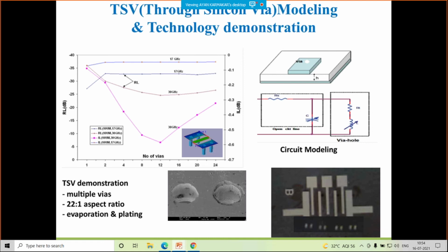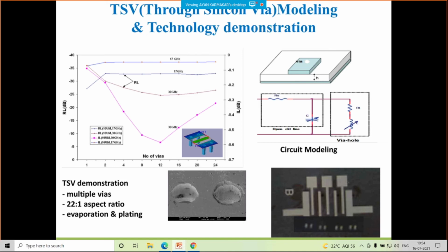That TSV technology also we have designed, modeled and fabricated. Thanks to our whole fabrication team for this, because it was really very challenging. Whenever you are plating this particular TSV, there is a very high chance of void formation. So this TSV is a very important thing for the packaging technology.